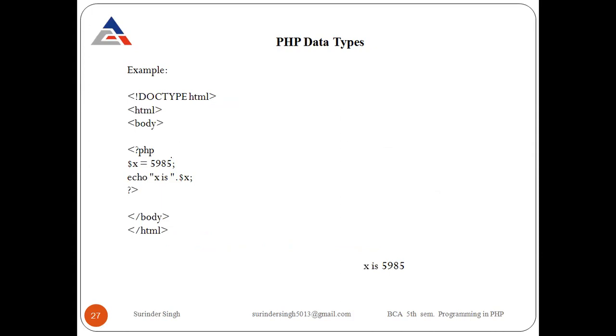As we know, in PHP there is no need to specify any data type while declaring a variable, because the data type of the variable is decided from the value you assign to it. The variable is converted to the correct data type from the value it has.